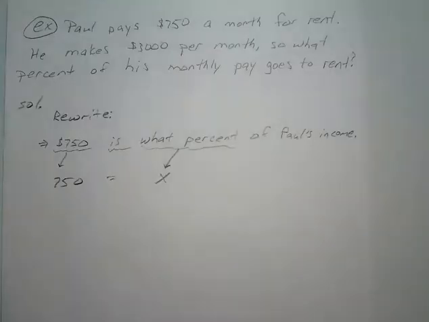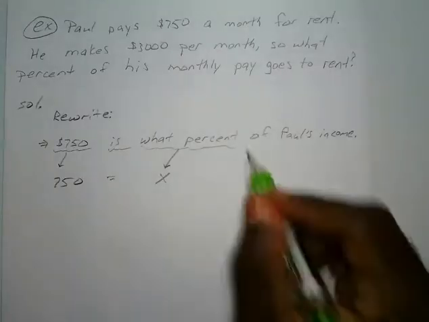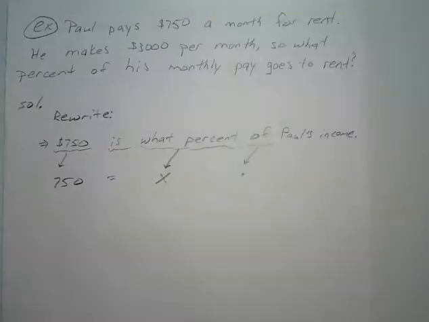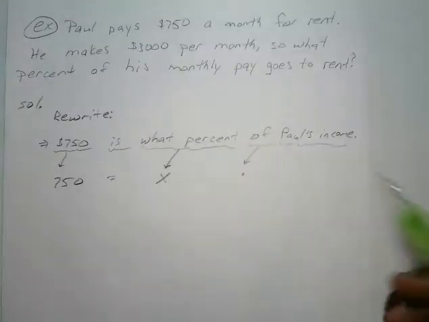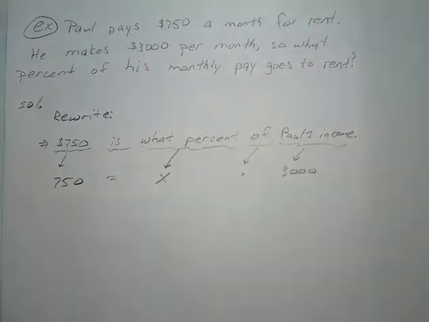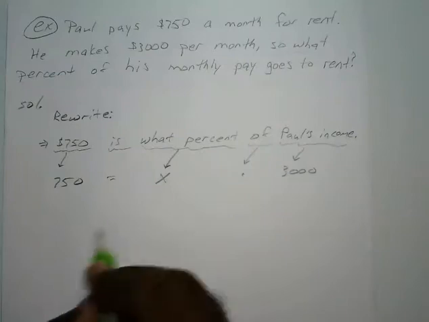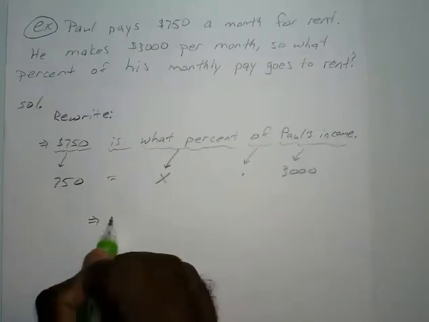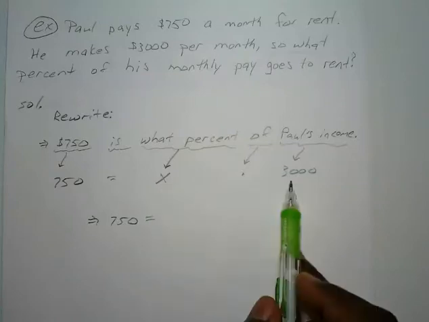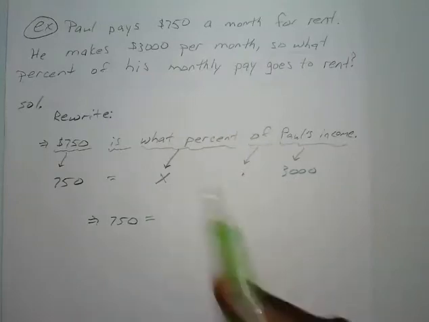But we don't know what that is, so that's just going to be our x. "Of" means multiplication, and Paul's income is $3,000. Okay, so that gives us 750 equals x times 3,000. You can make that 3,000 times x.